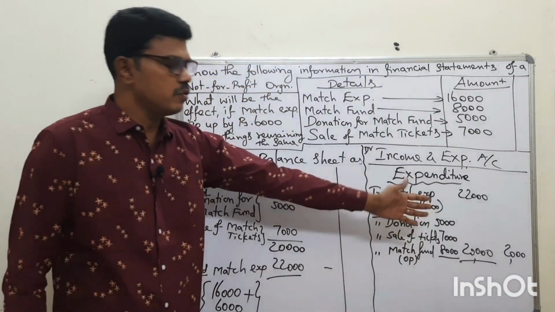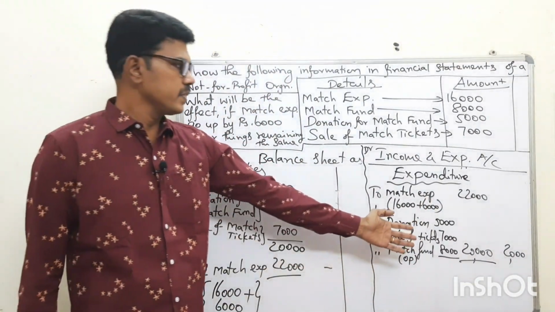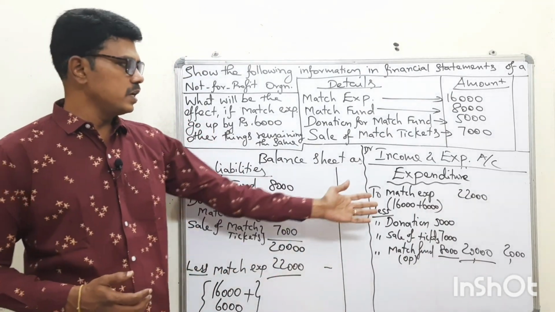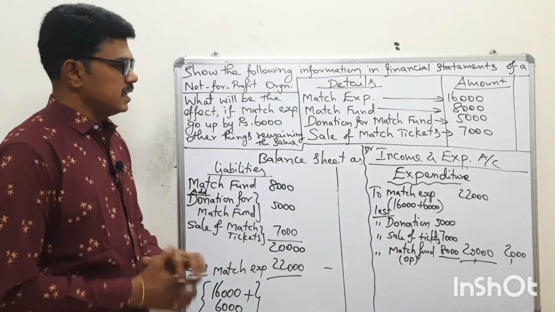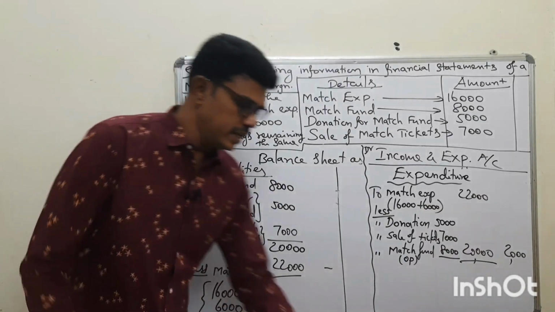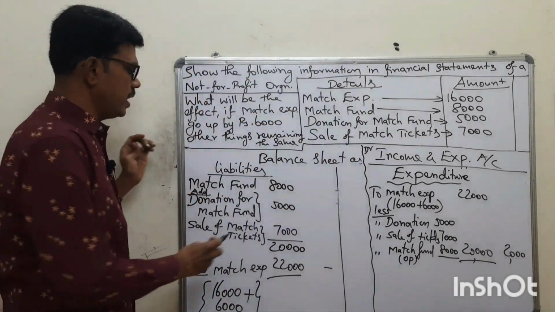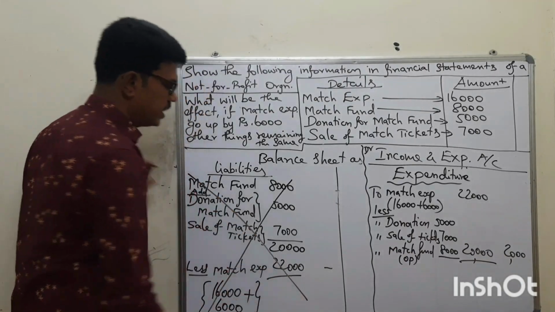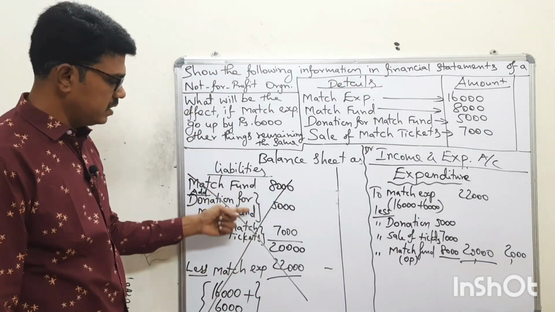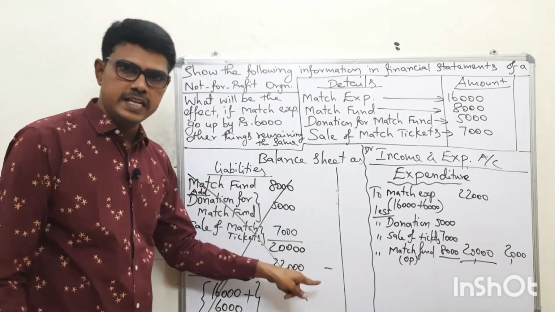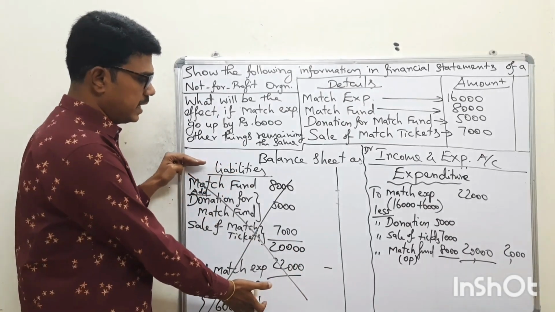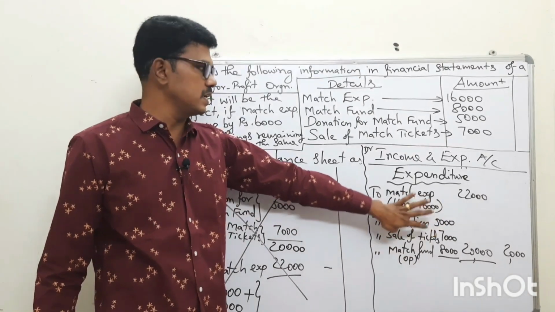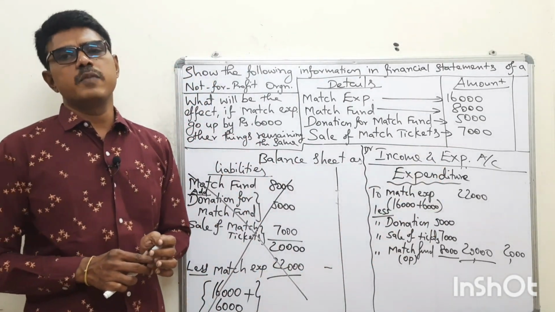If you subtract, you will get 2,000 as the additional expenses more than the fund available in the particular organization. In such a situation, we should not show any balance or any details in the liability side. When the fund account shows a negative balance, all the details related to the fund account must be shown in the expenditure side of the income and expenditure account.